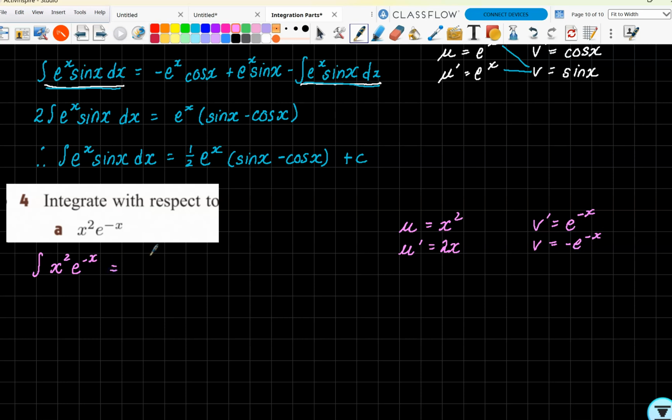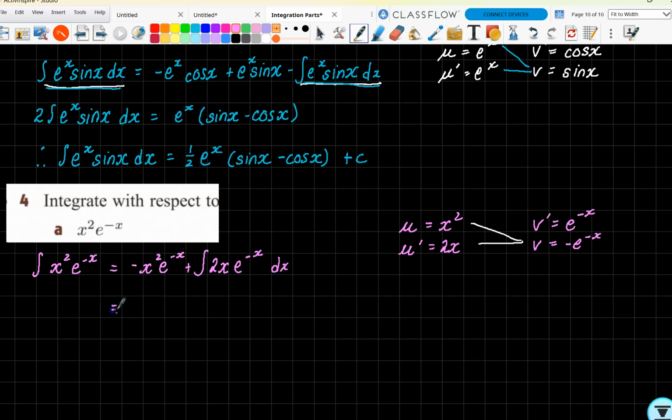So when I'm doing this, we do the cross. We should be into the rule of that by now. We get x squared times minus e to the minus x, so minus x squared e to the minus x, minus the integral of these two times together, so a negative, that's going to turn that into a plus, 2x e to the minus x dx.